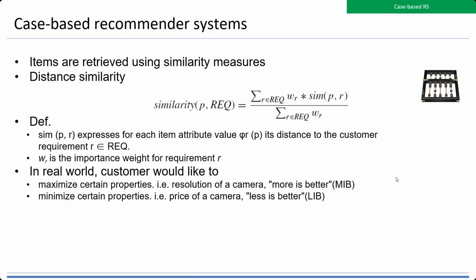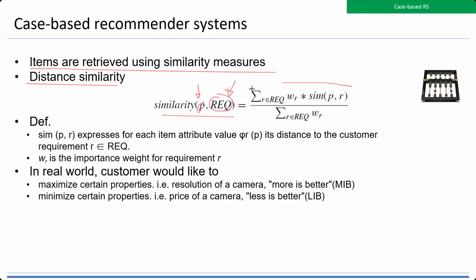There's another method, we call it the case-based recommender system. In the case-based recommender system, we are going to look at the items that are retrieved using similarity methods. So we will have the distance similarity. The distance similarity is written as similarity P, comma, requirement. P is the product, and then based on what is the requirement.